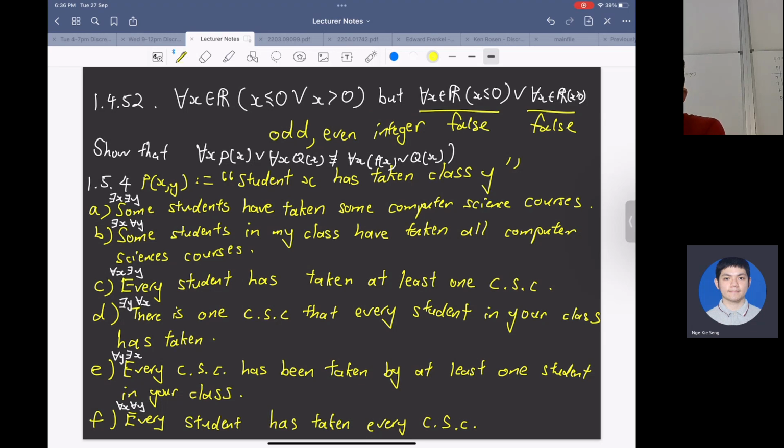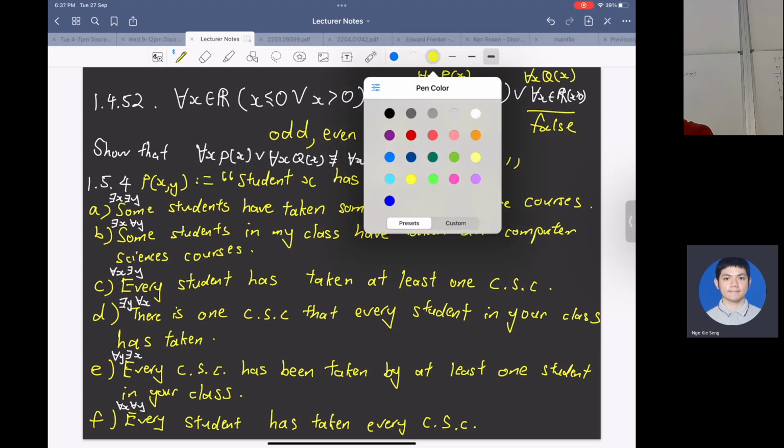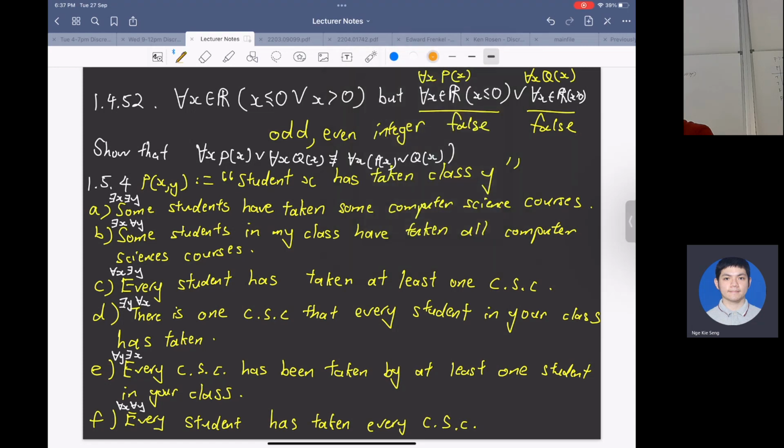Why is it false? Let's say I write P(x), this one is Q(x). For every x P(x), for every x Q(x). For every x P(x), is it false? False or not? False. Why? One.